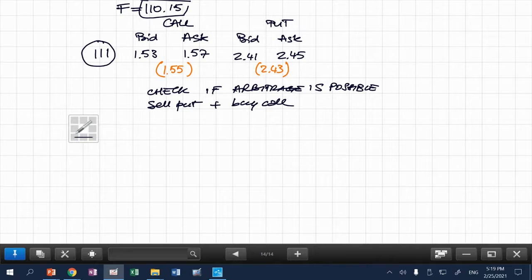At which price do we sell the put, given that we are not market makers? We sell at the bid or at the ask? We sell at the bid, okay? And therefore, we take 2.41. And we buy the call, but we buy it at the ask. So we have to pay 1.57, okay?